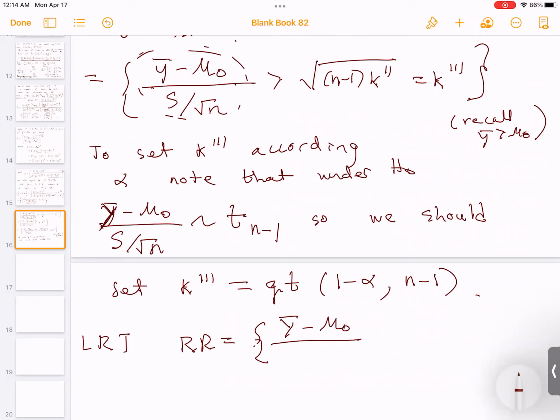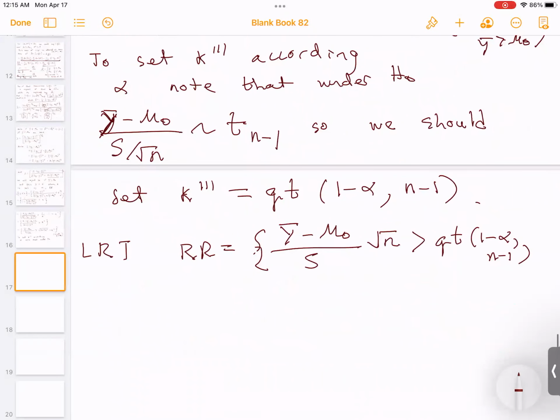If you want, you could bring the square root of n up here or something, maybe makes it easier. And here's S, the sample standard deviation, is greater than QT 1 minus alpha n minus 1. Same as the t-test when both parameters are unknown.